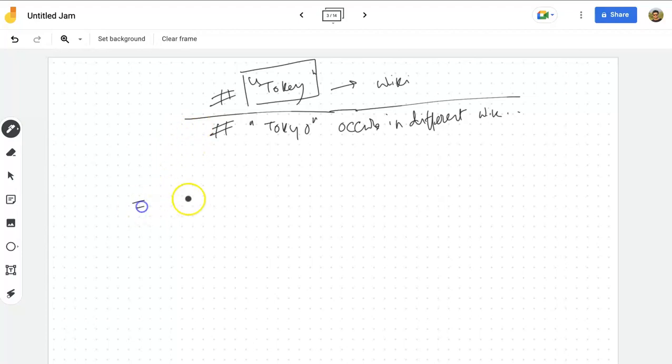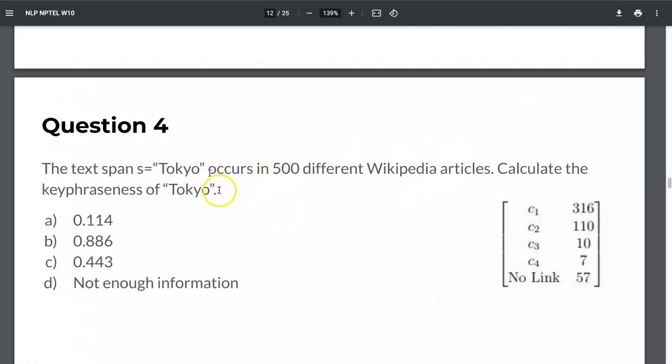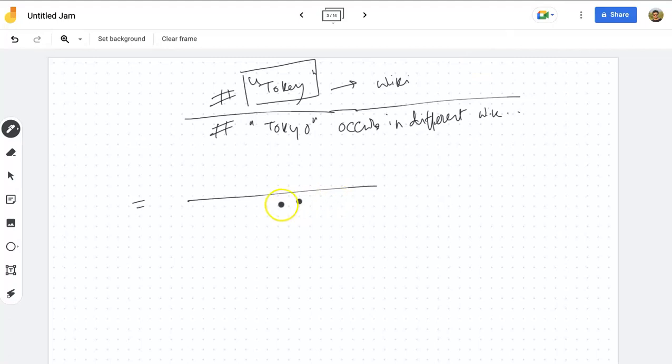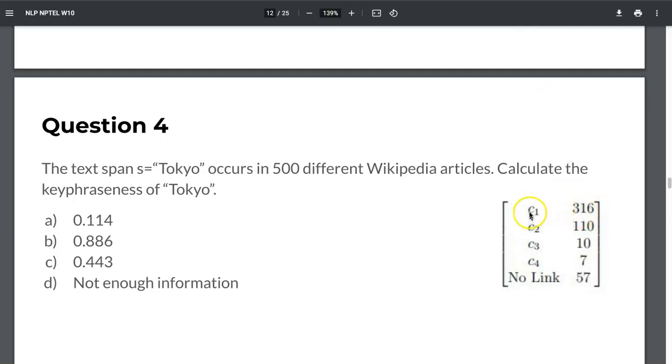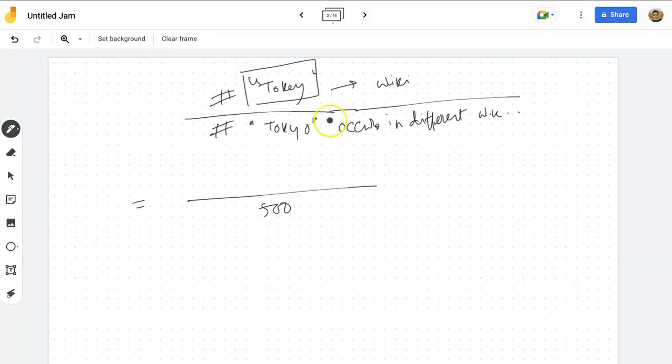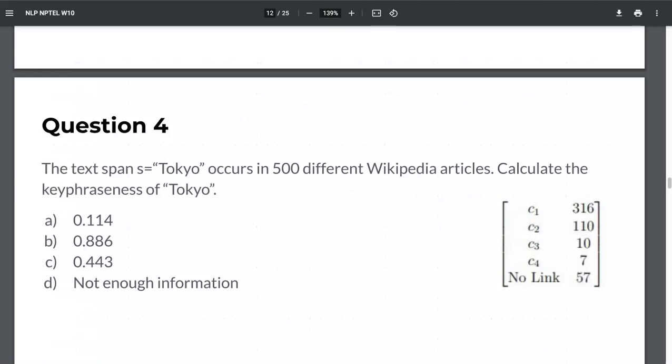In our case, Tokyo occurs a total of 500 times. Among these 500, it connects to some of the articles this many number of times: 360, 110, 10 and 7.